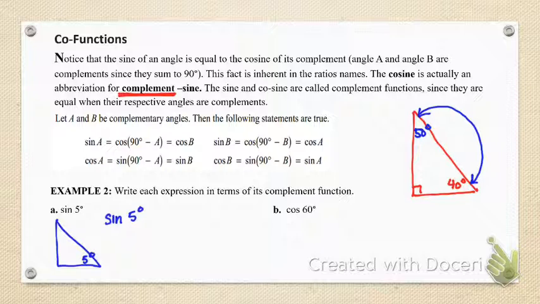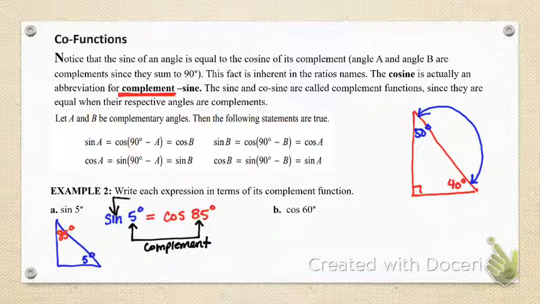What this is saying is that the complement of 5 degrees, which would be 85 degrees, would be the same as if you took the cosine of 85 degrees. So in other words, if these are complement angles, then these will be complement functions. Sine and complement sine. That's what cosine stands for. All right, let's do it again.